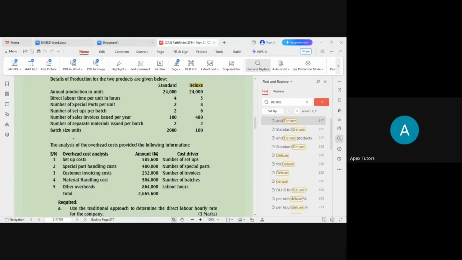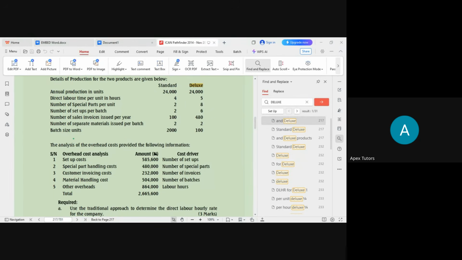Okay, and that is not an issue. It's number of separate materials issued per batch.